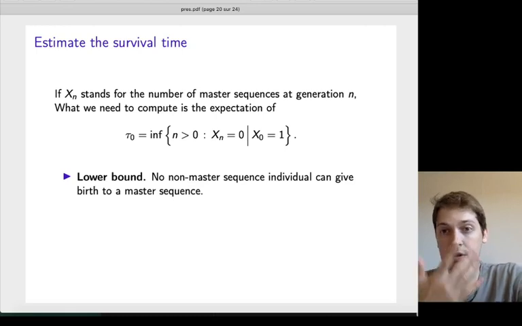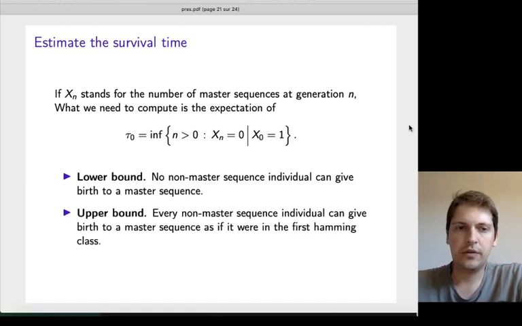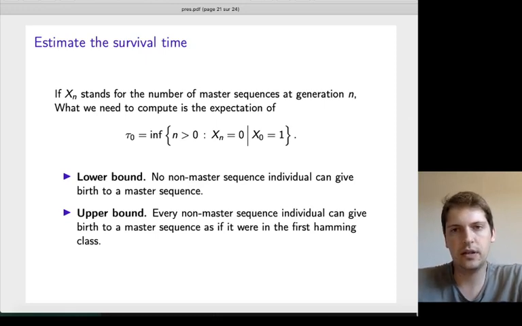Of course, when you do this, you have fewer master sequences in your population. And for the upper bound, you do the contrary. Every non-master sequence can give birth to a master sequence as if it had only one one in its genome. Only one to change.